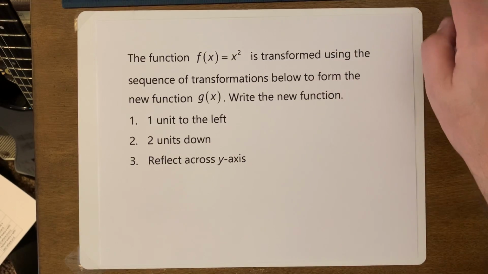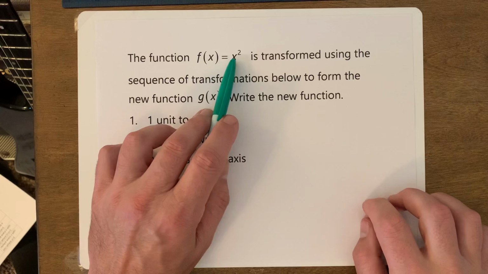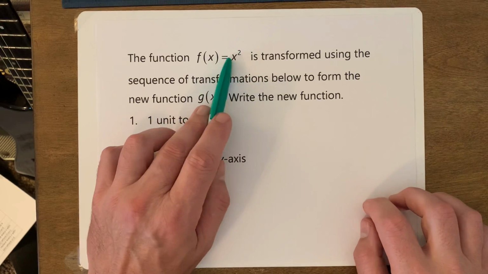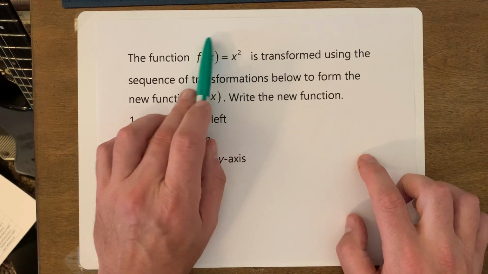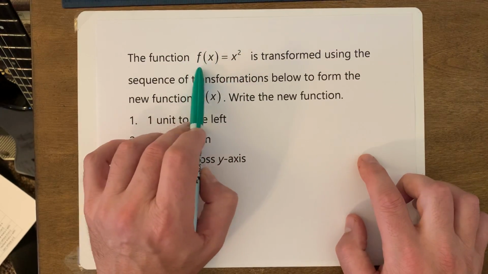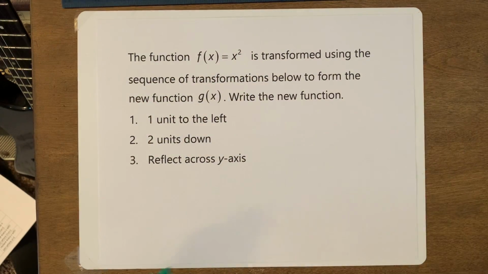In this one right here, we're going to start out with a function f of x is equal to x squared, and that is our basic quadratic function. If you haven't gotten to this in your lessons yet, don't worry about it. I'll show you a picture on Desmos of what this looks like, and I'll be using Desmos to verify all of my answers just to make sure that I'm correct, which is what a student should be doing anyway, to make sure they've got everything correct for each step.